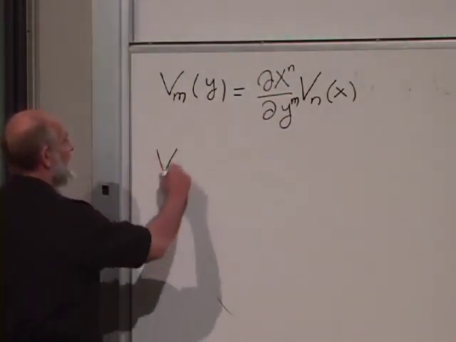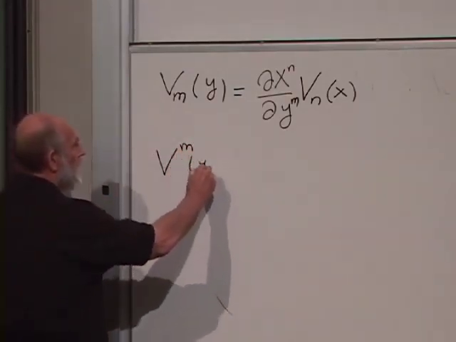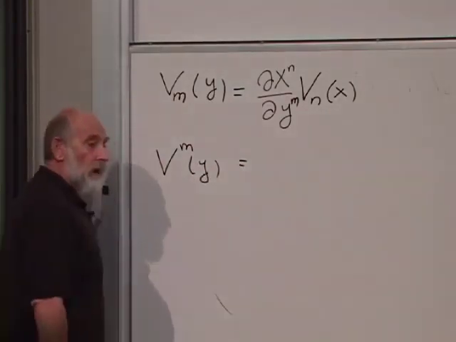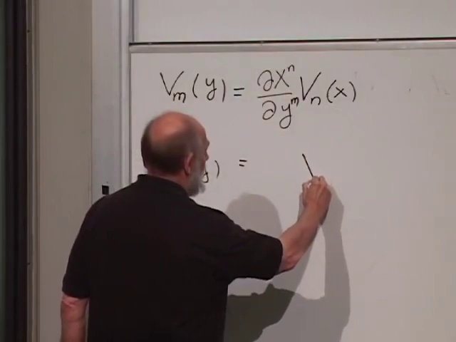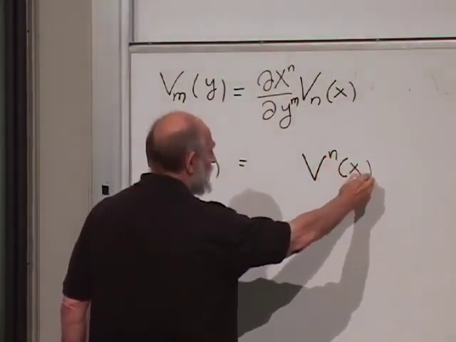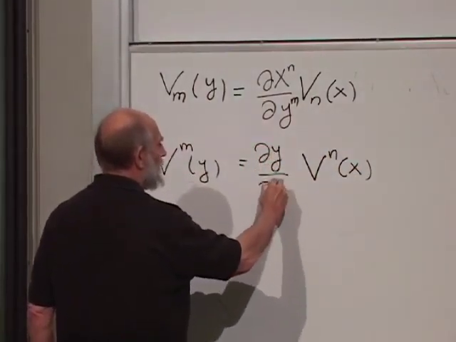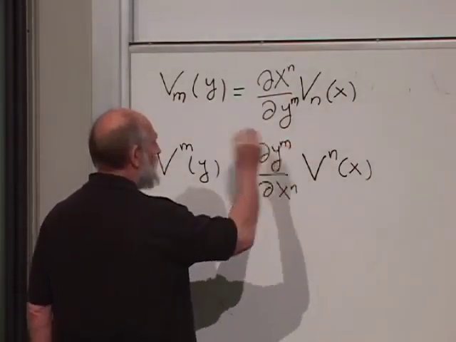If I have a vector with contravariant indices, then it's related in the y coordinate system to the corresponding values in the x coordinate system by a similar formula, but now it's dy by dx, and now the n goes downstairs and the m goes upstairs.